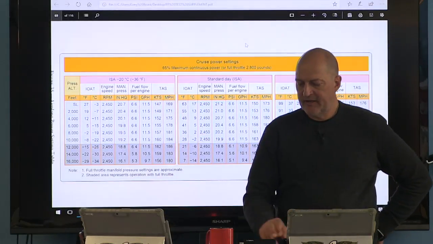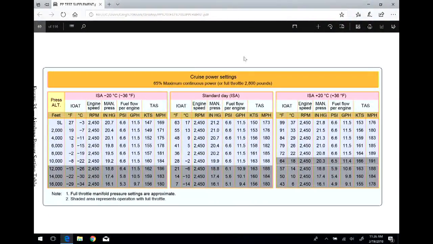All right, so what are we looking at here, gentlemen? Cruise power settings. So tell me how we might use something like this table. Solomon? During mid-flight, we might want to see how much fuel will burn. Well, in mid-flight, we're going to do this in our pre-flight planning, right?